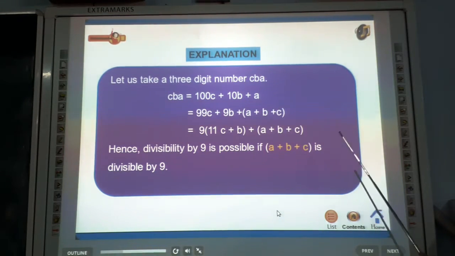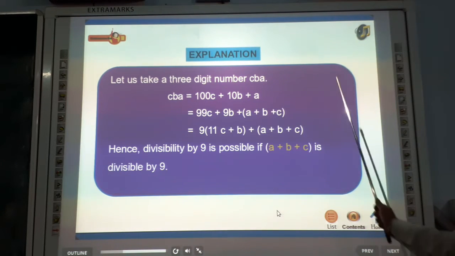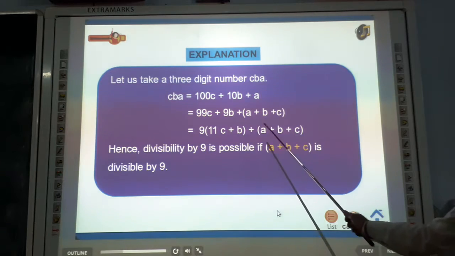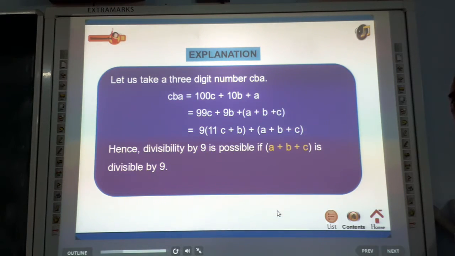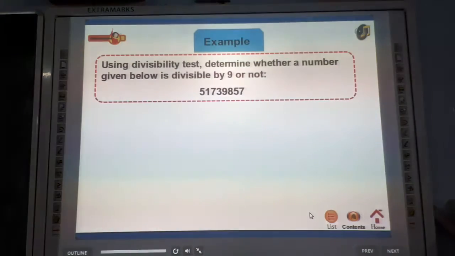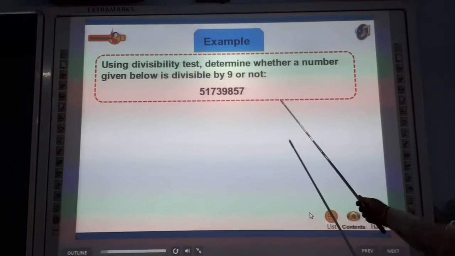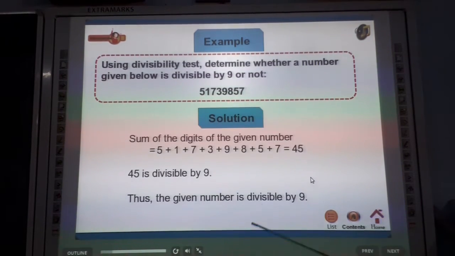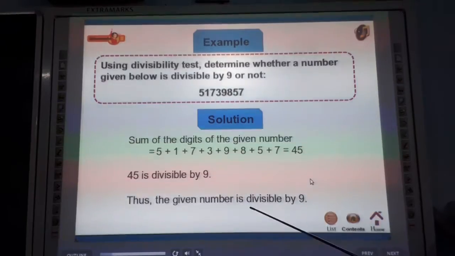If A plus B plus C is divisible by 9, then the complete number will be divisible by 9, because the rest of the part is already divisible by 9. In the same way, we have another example also, solution here.